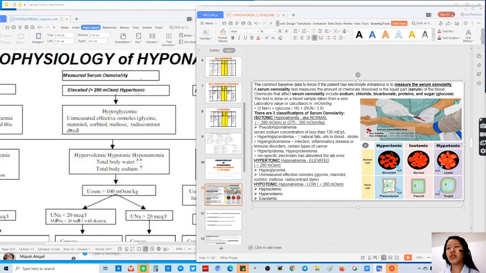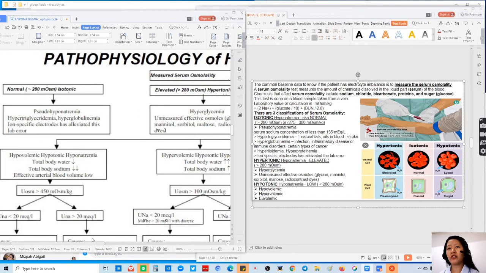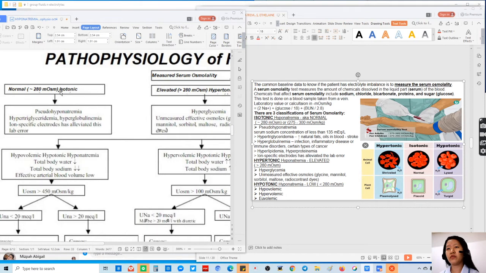Then there are 3 classifications of serum osmolarity. These are the isotonic, normal hyponatremia, which is within 280 to 300 milliosmol per liter, or in other books within 275 to 300 milliosmols per kilogram.